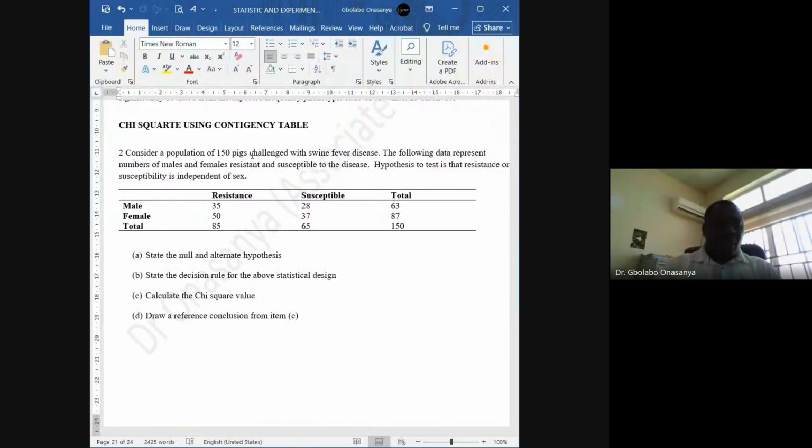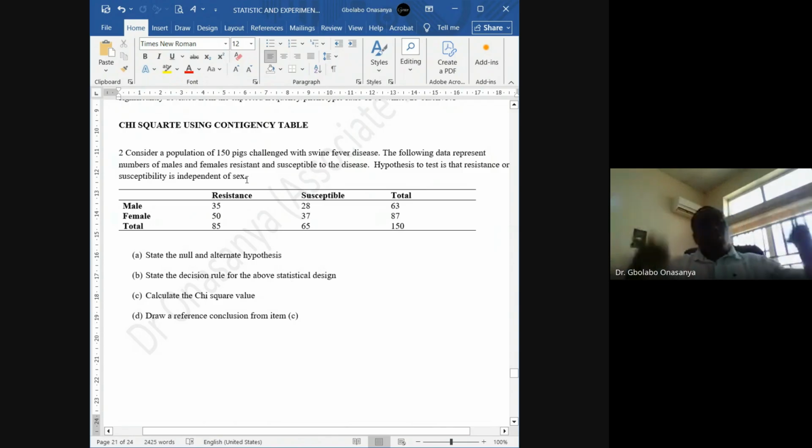Fantastic. Consider a population of 150 pigs challenged with swine fever disease. The following data represent the number of males and females resistant and susceptible to swine fever disease. The hypothesis to test is that resistance or susceptibility is independent of sex, meaning that maybe it may be genetic.